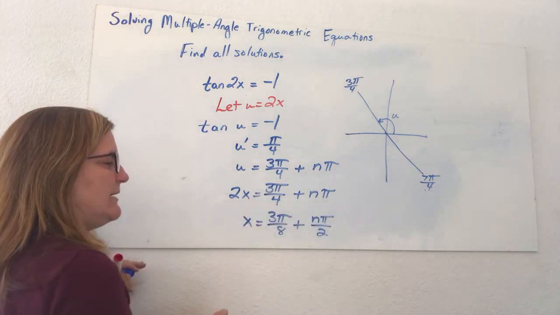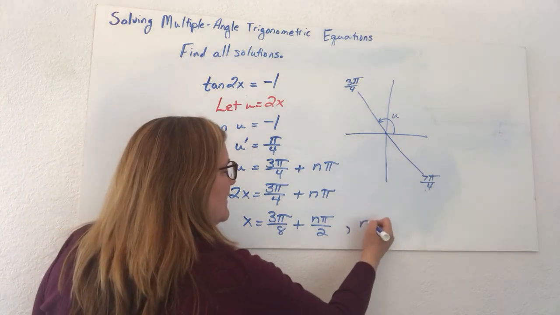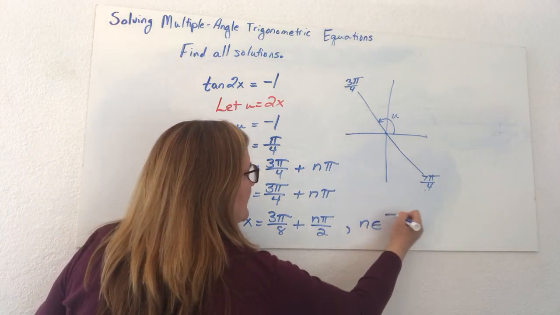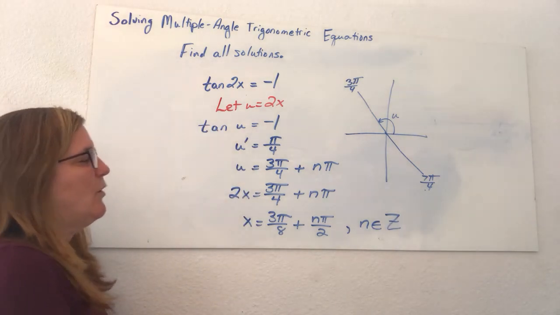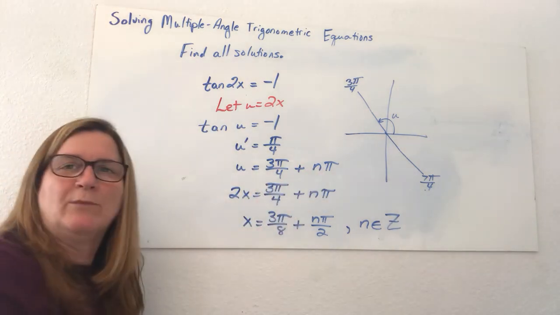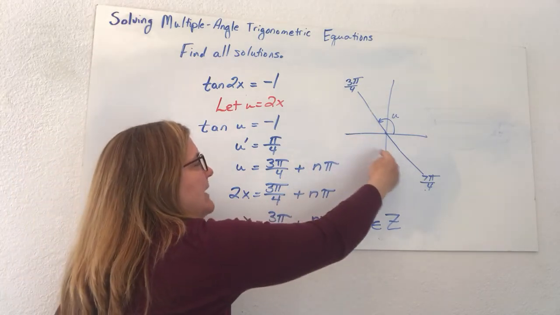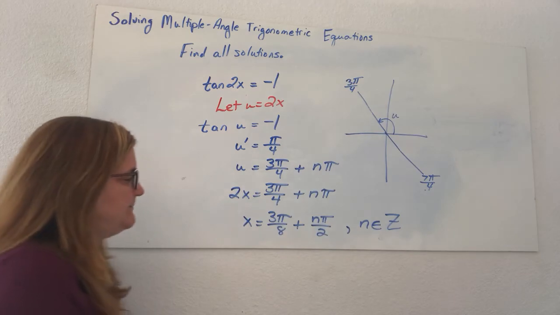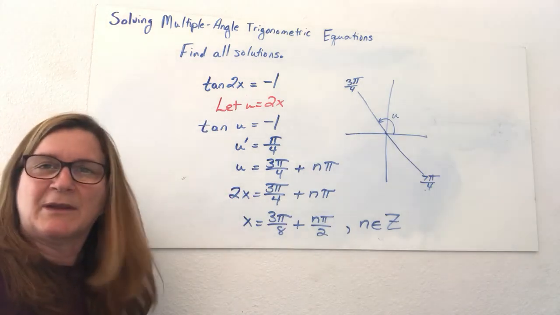Dividing this equation by 2. And remember, we should include the fact that n should be an integer. Capital Z represents the set of integers, because we don't want n to be something like 1.3. n needs to be an integer, so you would be adding multiples of pi. And now we've solved another multiple angle trigonometric equation.